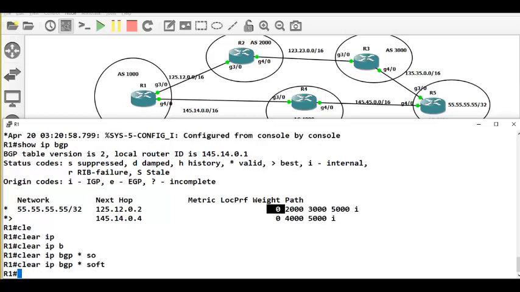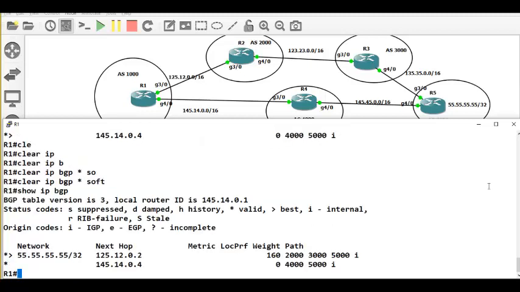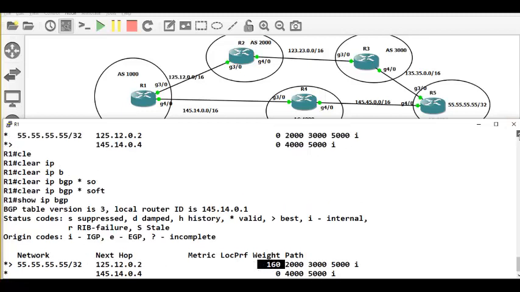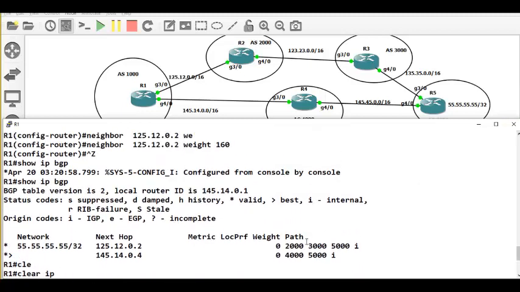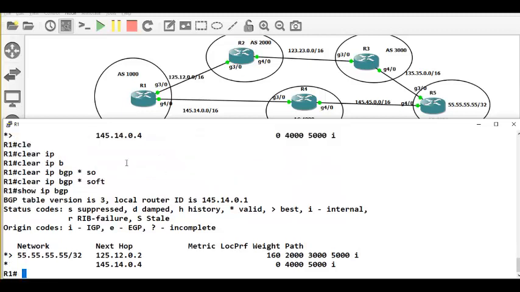Now you see it has switched to the router 2 path because we have set 160. Immediately after setting, I showed you it was not updated. But when I clear and make BGP restart again from the beginning, it came. And now even though it's a long route, it's a preferred route.